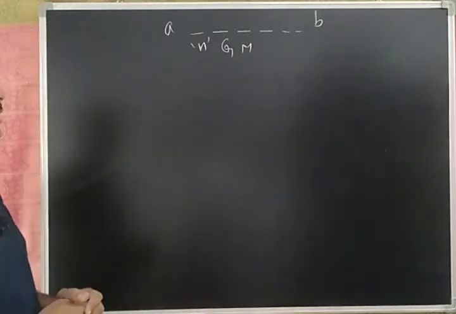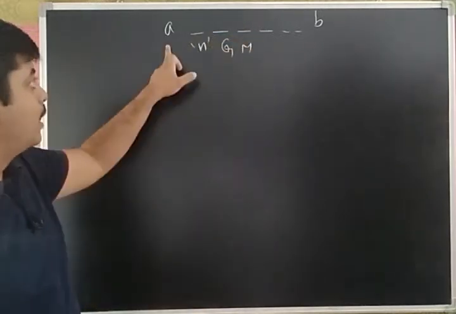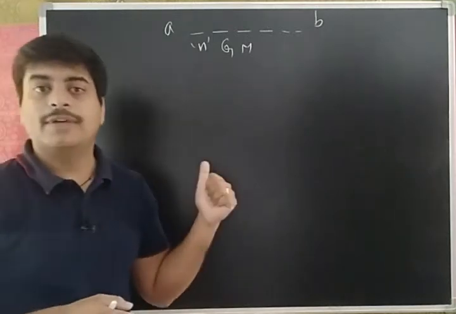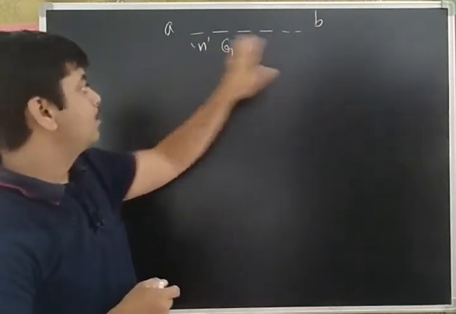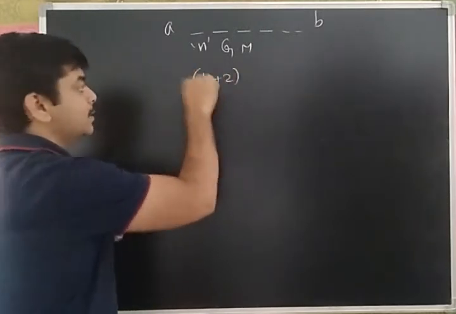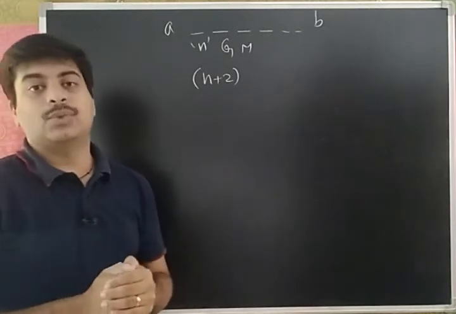Let us see what happens here. There are n geometric means, and this is one element, this is one element. What are the total number of elements here? n elements here, one element here, one element there. The total number of elements now is n plus 2 terms.